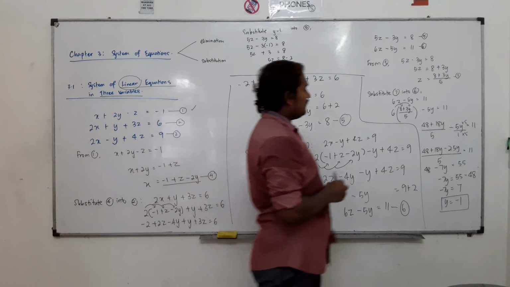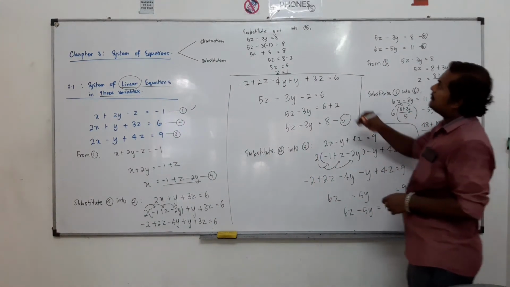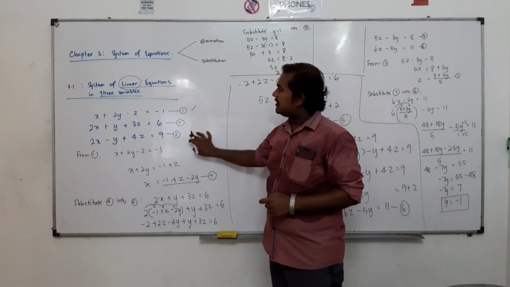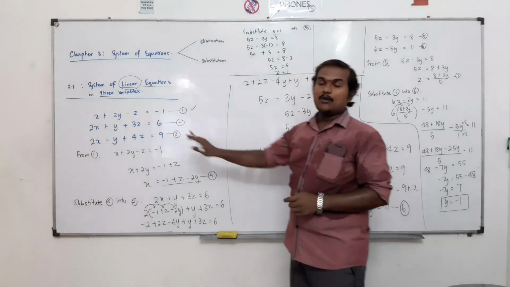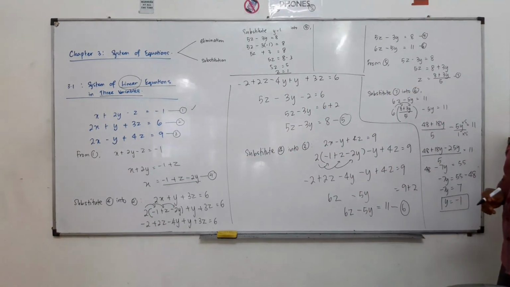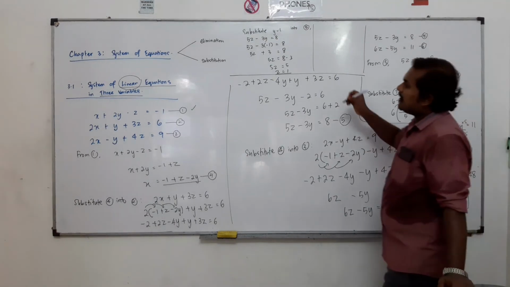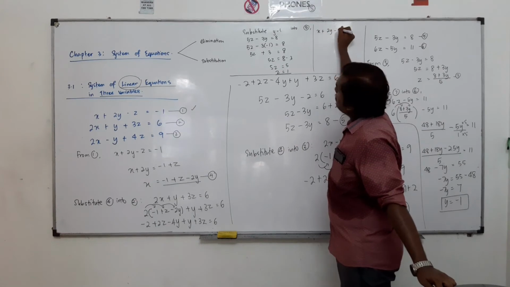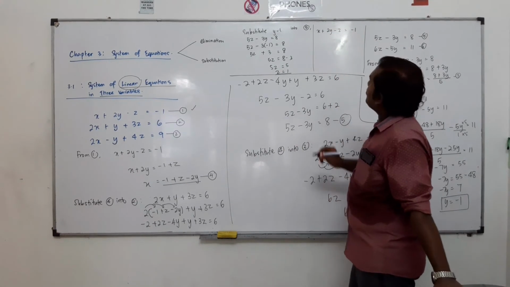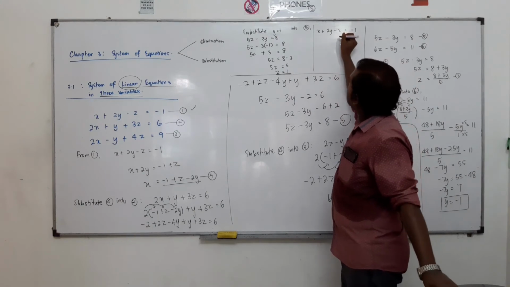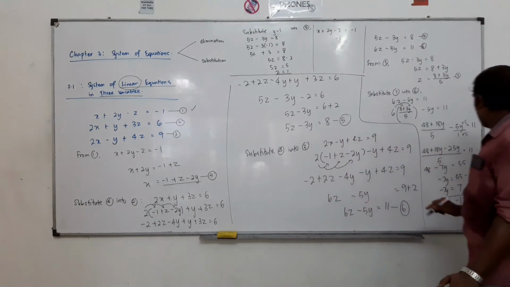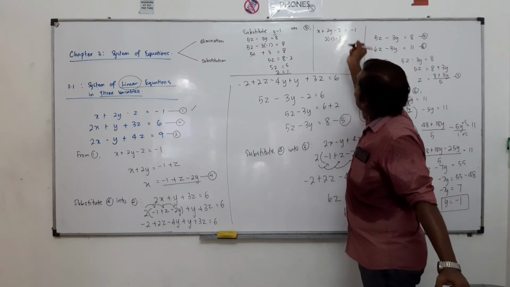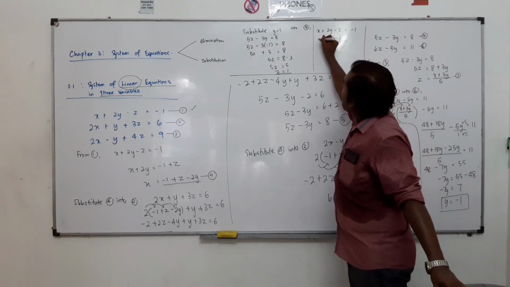Okay. We already found the y value and the z value. Now, we can use any of the equations here, either equation 1, 2 or 3, in order to find the other value, x. So, let's say I am using equation 1. Z is 1, so you can substitute z as 1. Y is negative 1, so in the place of y, you can substitute negative 1, and x.